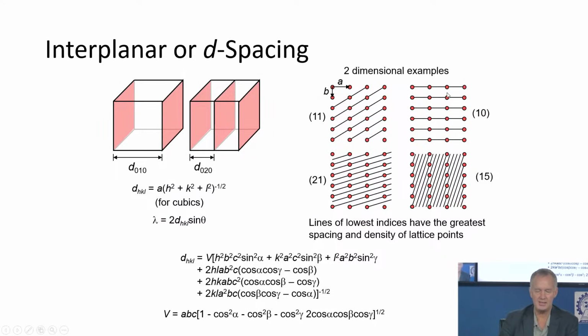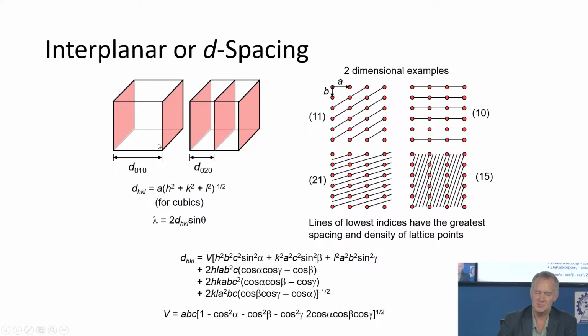Okay, on d-spacing, just to make sure we're clear, so if we have a (010) plane, right? So this is a (010) plane, and they fall 1 lattice spacing apart from each other. Okay. If we have a (020) plane, then we take the reciprocal, and it's half of the lattice spacing. Okay.